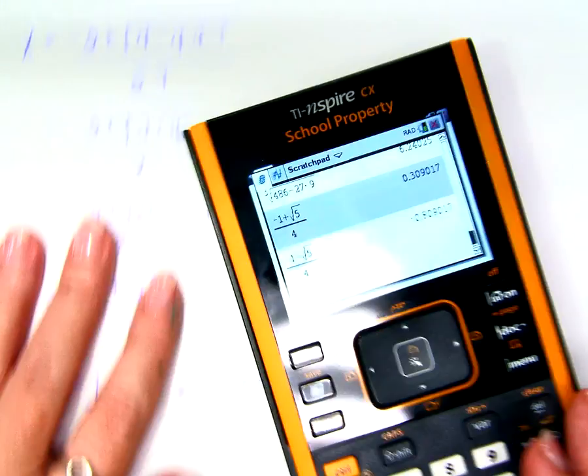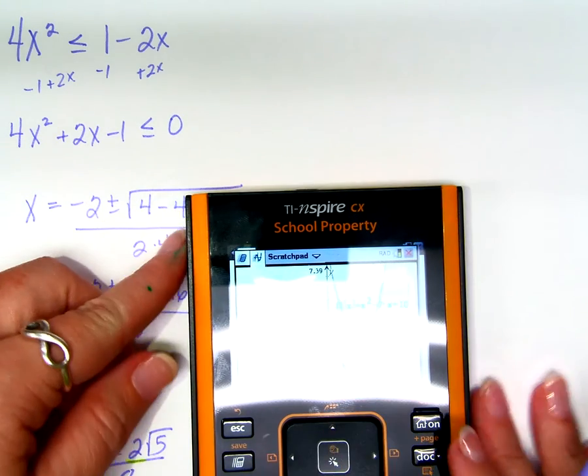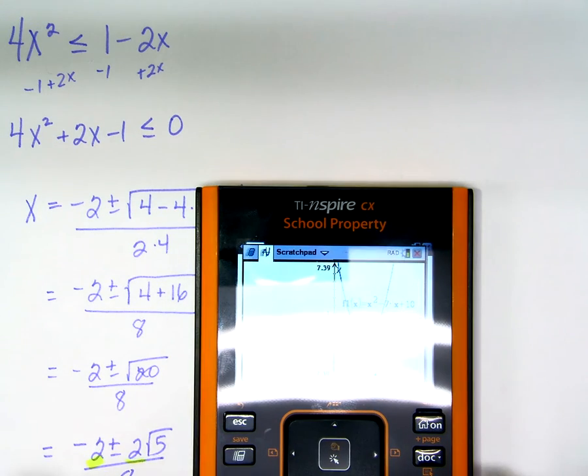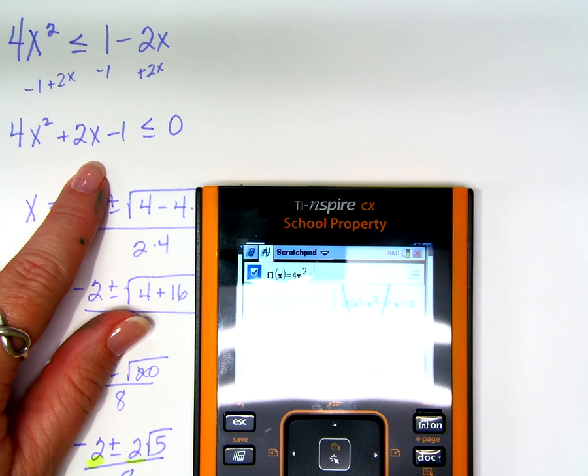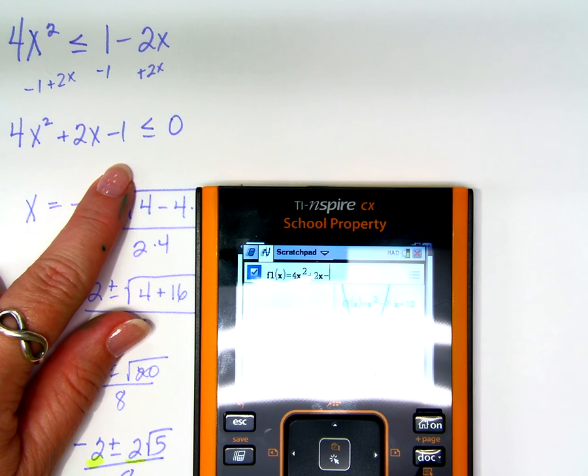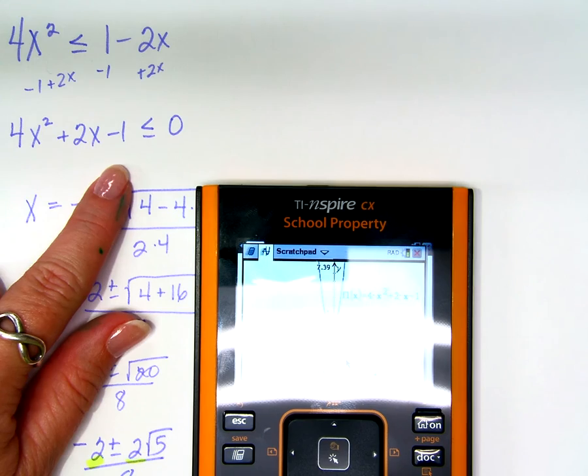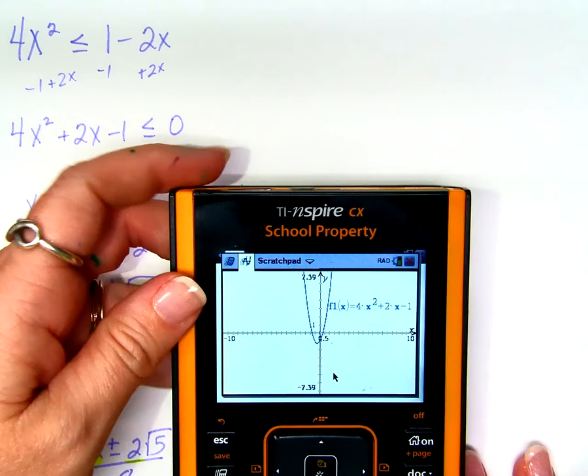Okay? It would be nice if I knew what this looked like, so I'm going to go graph it. 4x squared plus 2x minus 1. And that's what it looks like. Okay?